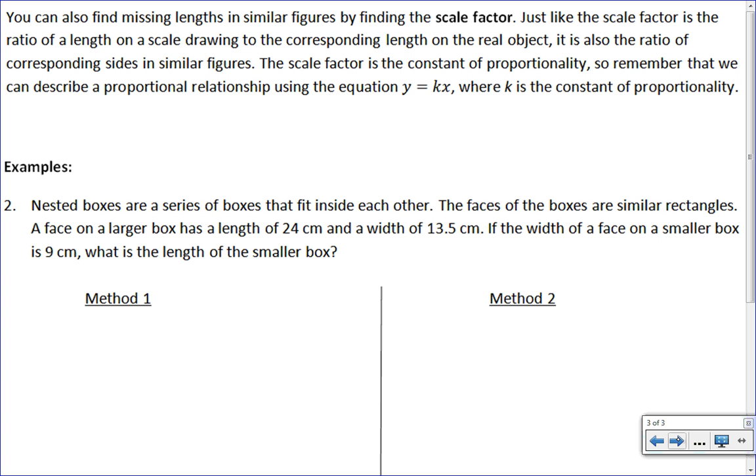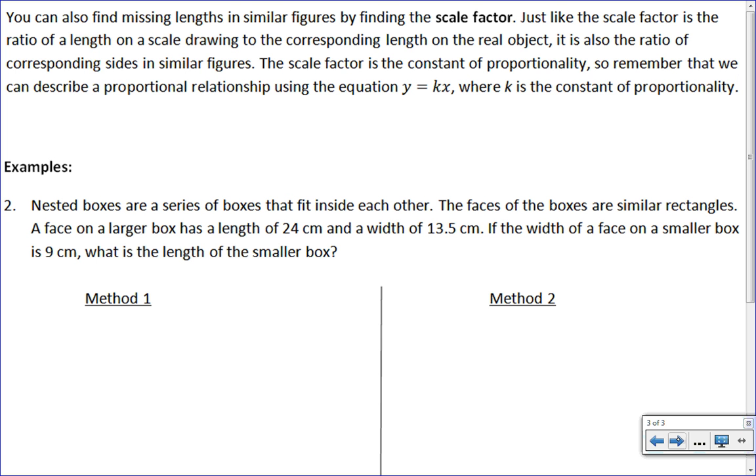Okay. You can also find missing lengths in similar figures by finding the scale factors. We just talked about scale factor in lesson 6.6. Just like the scale factor is the ratio of a length on a scale drawing to the corresponding length on the real object, it is also the ratio of corresponding sides in similar figures.